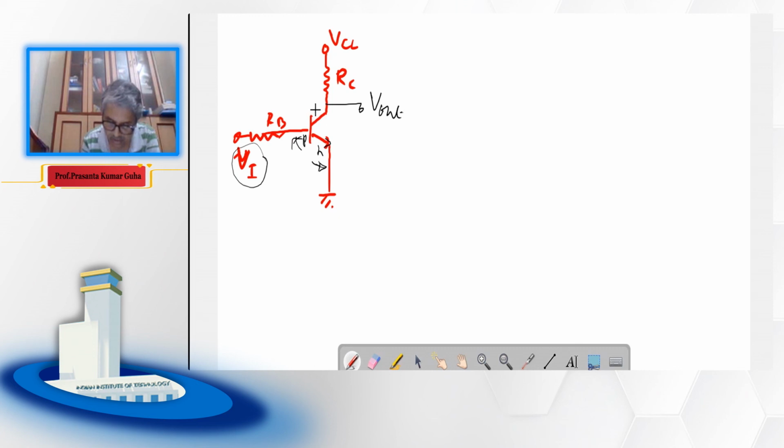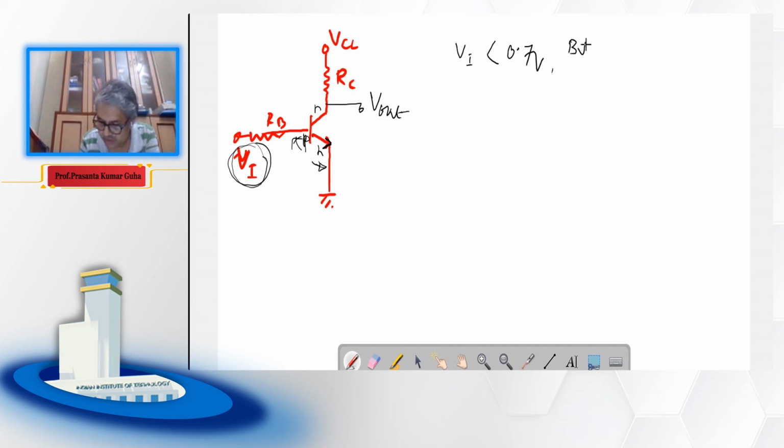This is my emitter terminal because the arrow is there, this is my base terminal, and that is my collector terminal. If Vi is such that it is less than 0.7 volt, that is less than VBE on, then this transistor is off.